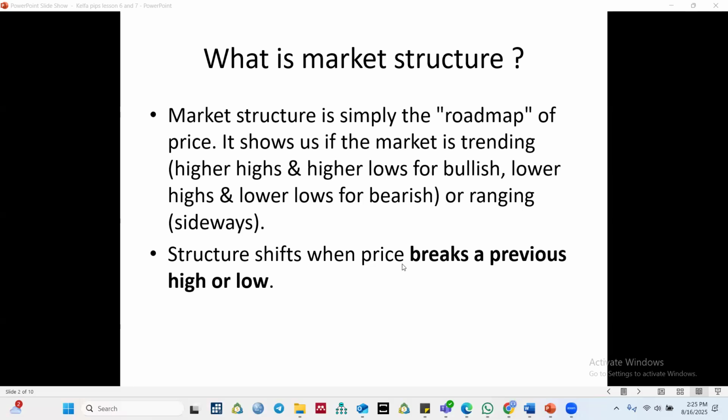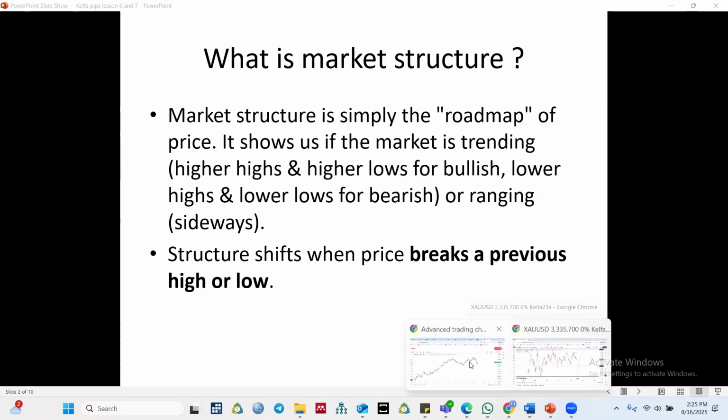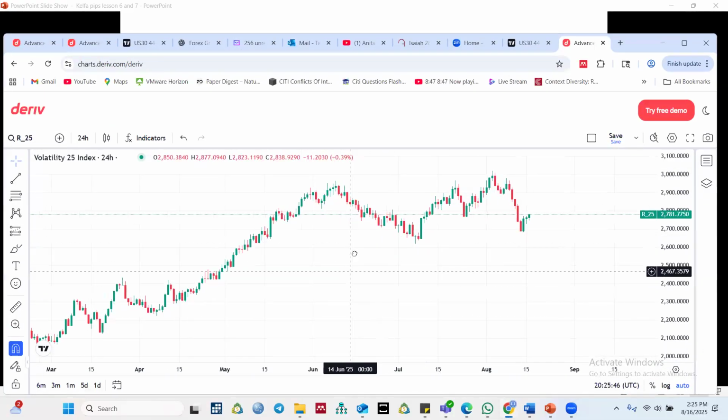Structural shifts happen when price breaks a previous high or a low. Once price breaks a previous high or a low, we call that a structural shift. So I'm going to go ahead and illustrate what I've just said.